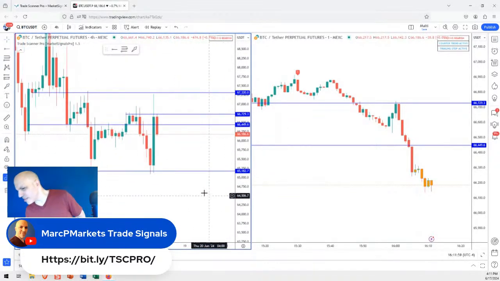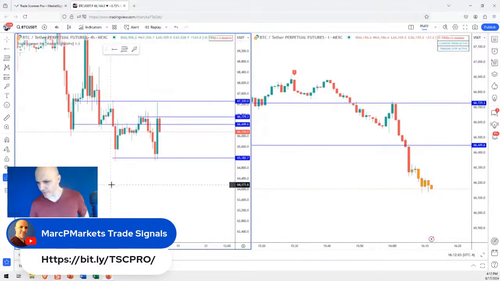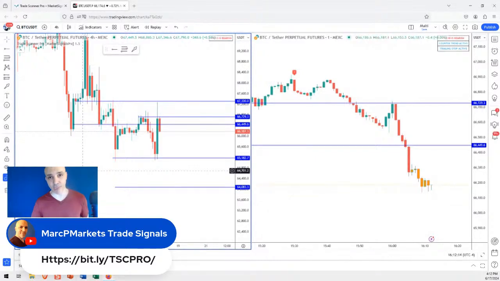So this is 65K, right? If we're looking at 64K, which is here, this area here, and that breaks, that's a pretty important level. If that breaks, the first thing I'd be looking for is 62K. 62 to 60 is the next support. But it depends. If you're looking for a day trade, I'm covering right away. But if it's a swing trade, I'm looking for 62 to 60, that area.